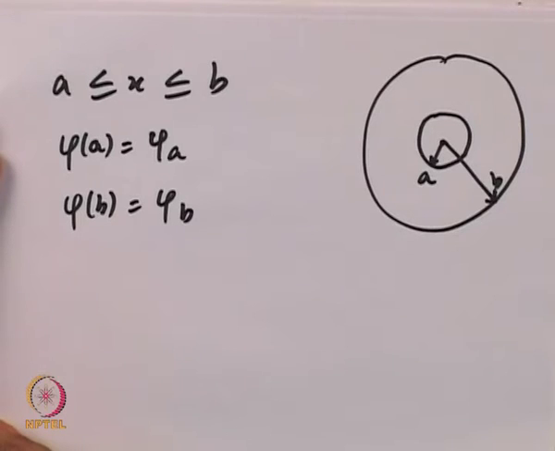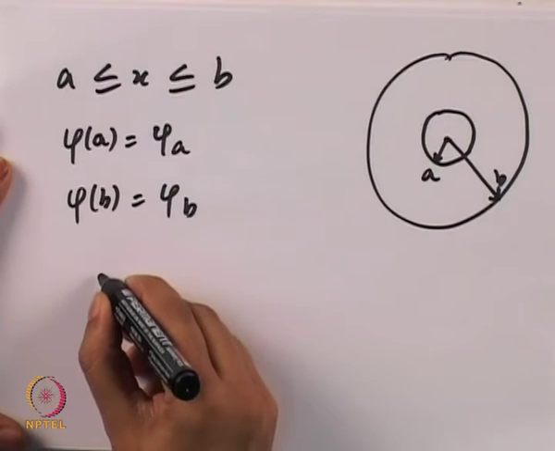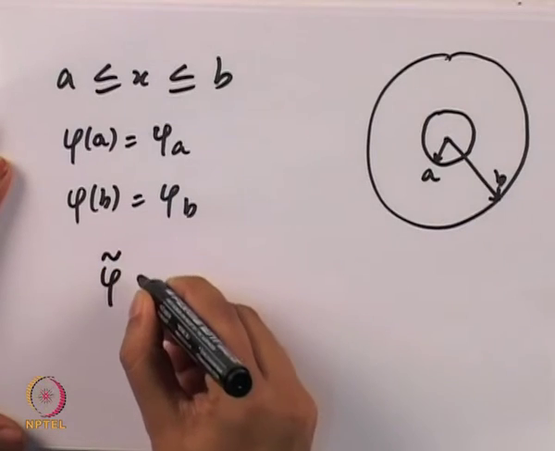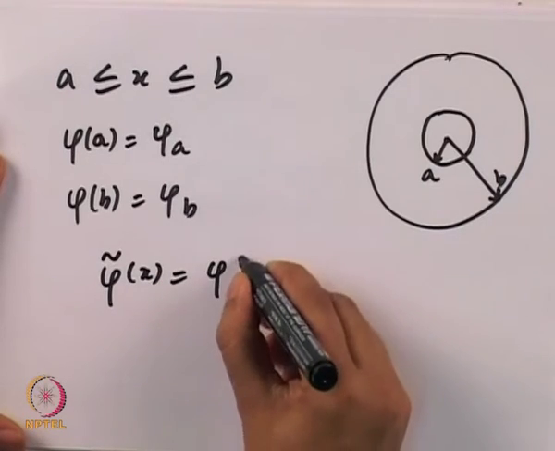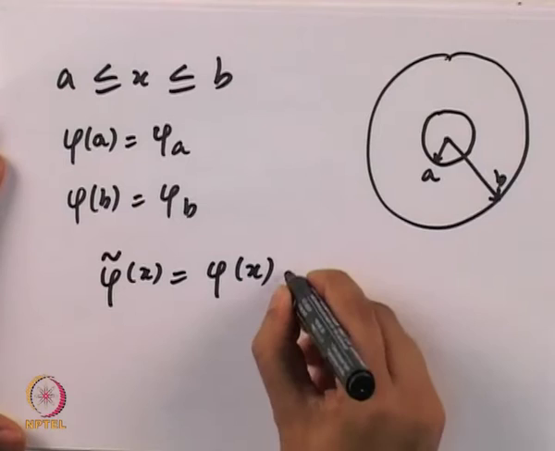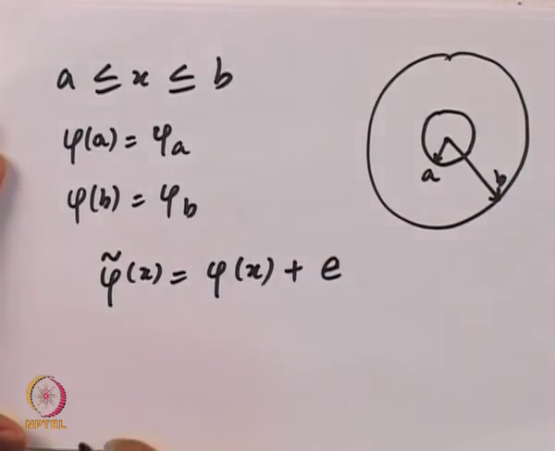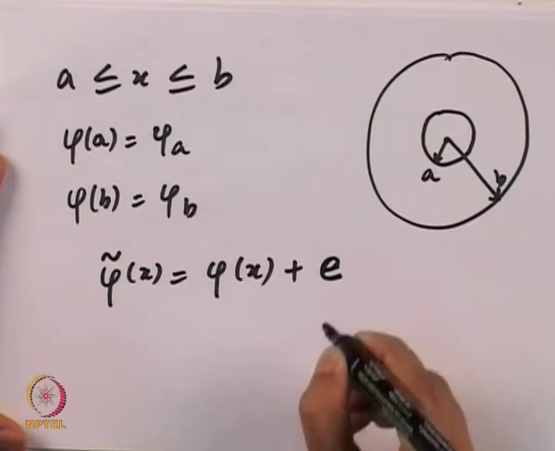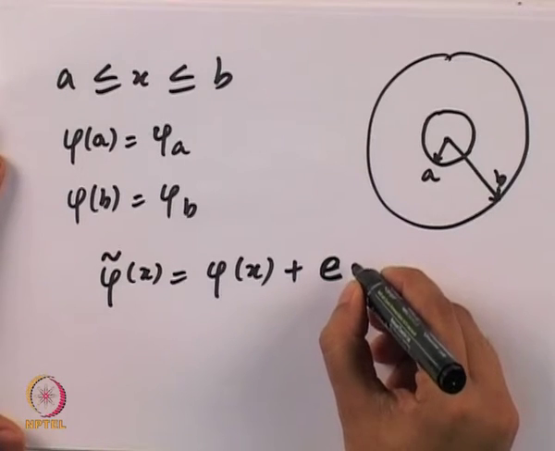And now, in order to approximate the phi, the potential, we are going to use an approximate function, and this is going to be written as phi tilde of x is equal to phi of x plus a certain constant E and a variable that is going to depend on x.